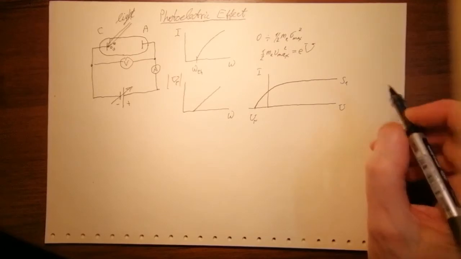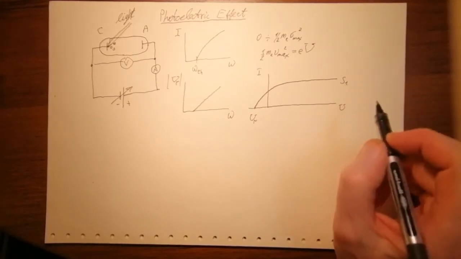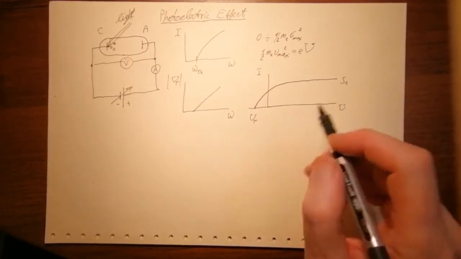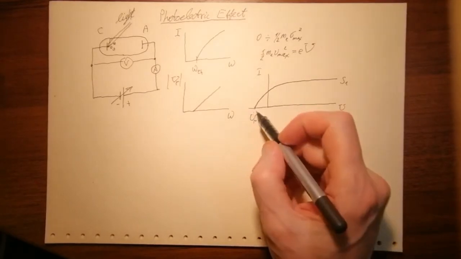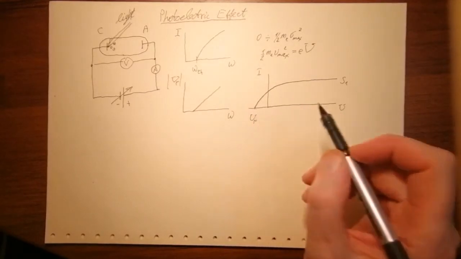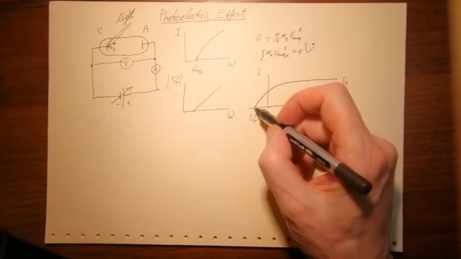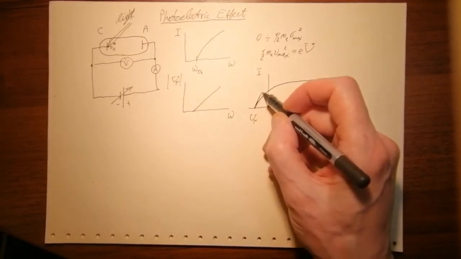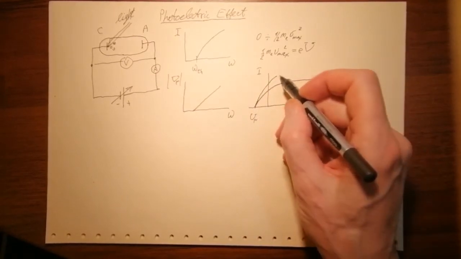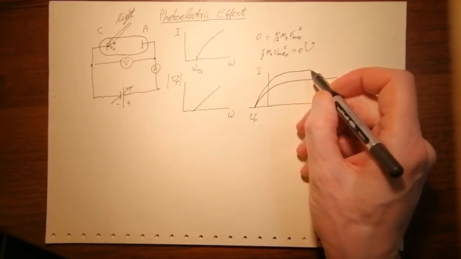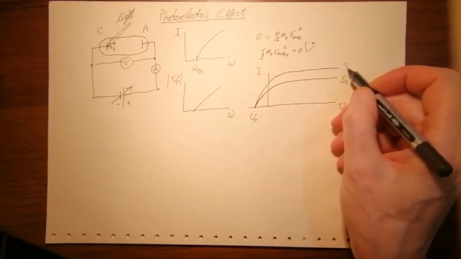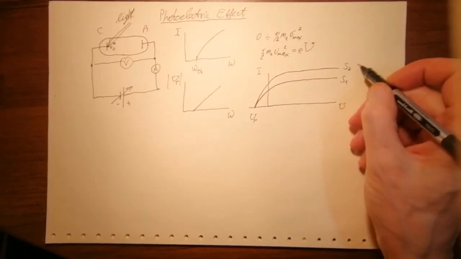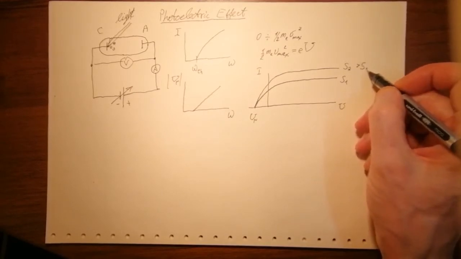If we increase the intensity of light, of course, UR retarding will be the same, but saturation will be reached at a higher level. This is S2, and S2 is larger than S1.